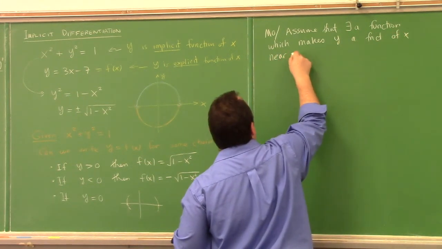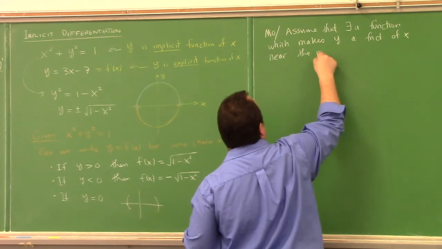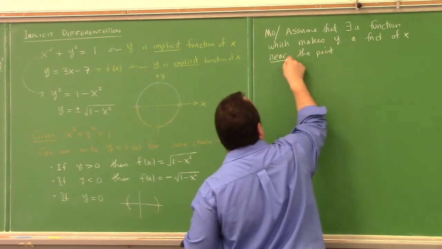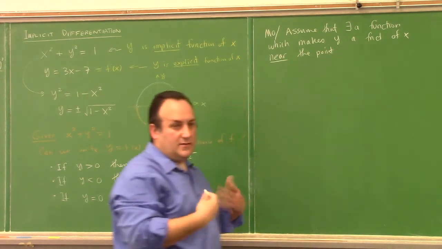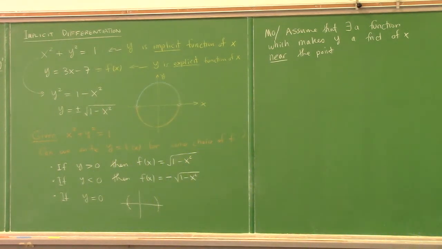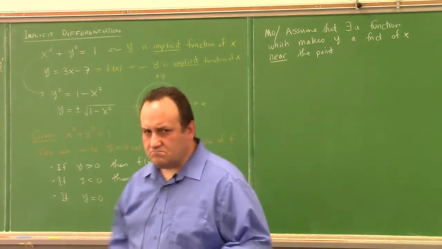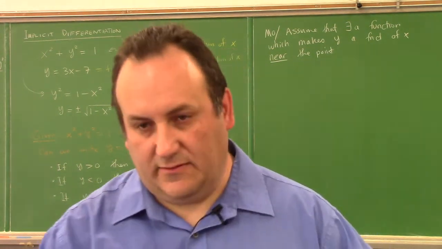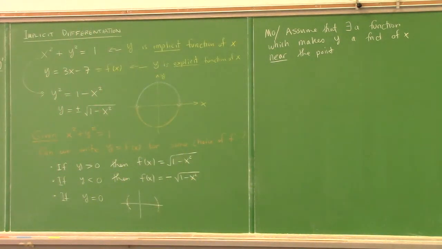I mean, we understand that this is a local idea, right? We've seen from the circle example, we can't find y as a function of x for the whole solution set to the equation. But at least we can do it locally, all right?